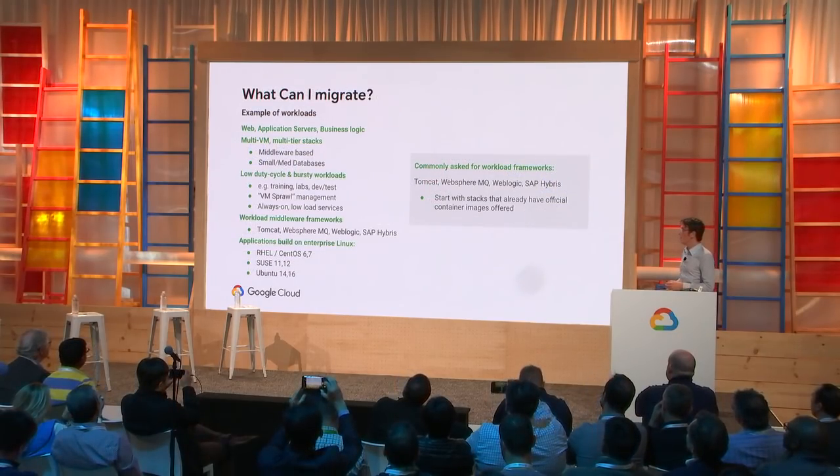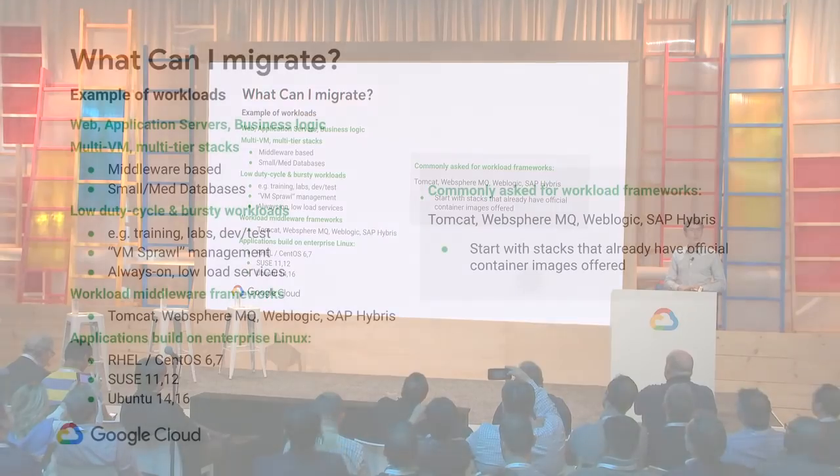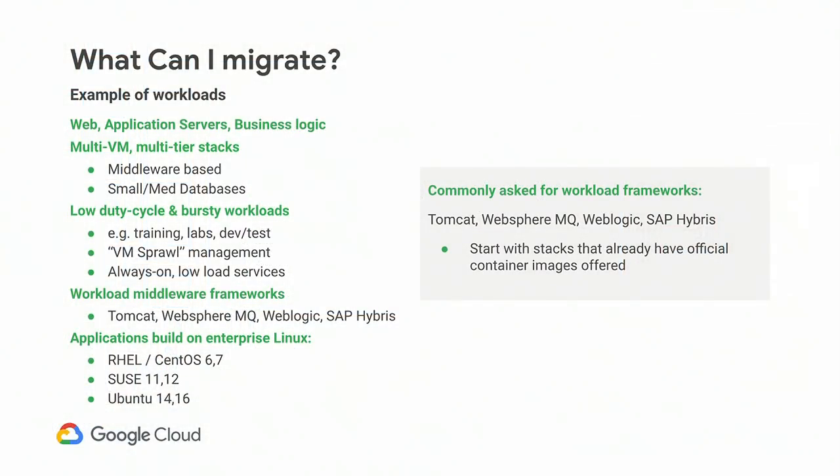Last slide. What can we migrate, right? So here is the example of our workloads. It's mainly going to be Tomcat, web server, web apps, multi-tier apps. It's going to be WebSphere, WebLogic. It's going to be databases.